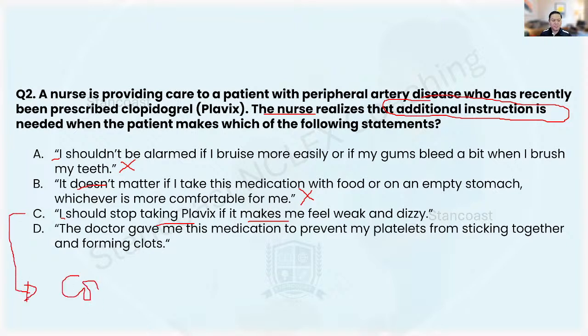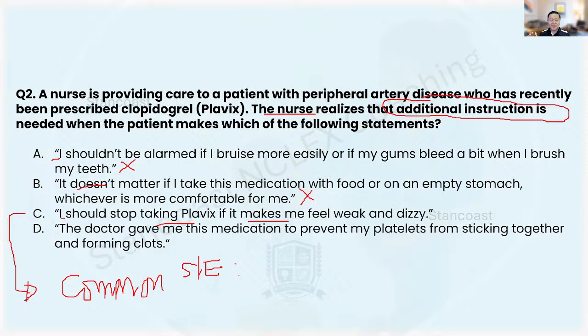So these are common SEs. Let me just shorten that. And we can actually let them or educate them to report these manifestations to the medical provider. And we're not going to encourage them to stop right away, okay?